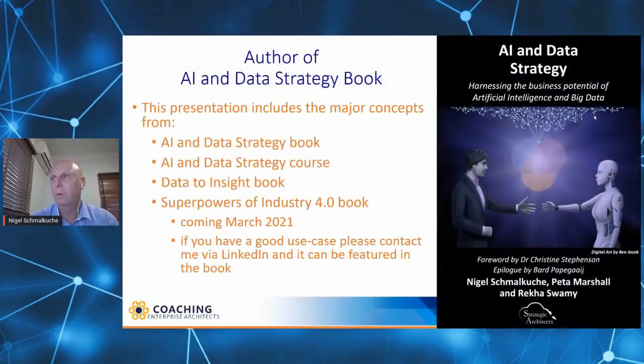We've discussed the book a little bit. We're working on a new book, Superpowers of Industry 4.0, and Rika Swami, who should be on the call as well tonight, is helping me with that. It looks in further detail at the key superpowers that can get the fourth industrial revolution going, and drive initiatives like Mofflin the AI pet, for instance, because I've got a very hairy golden retriever at the moment, and I think that pet sounds pretty attractive to me.